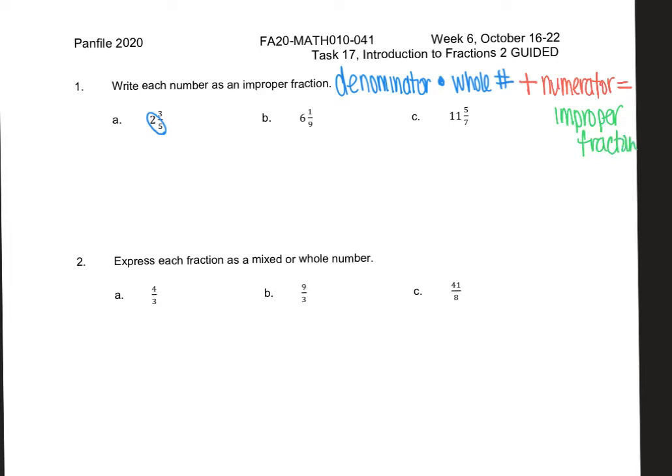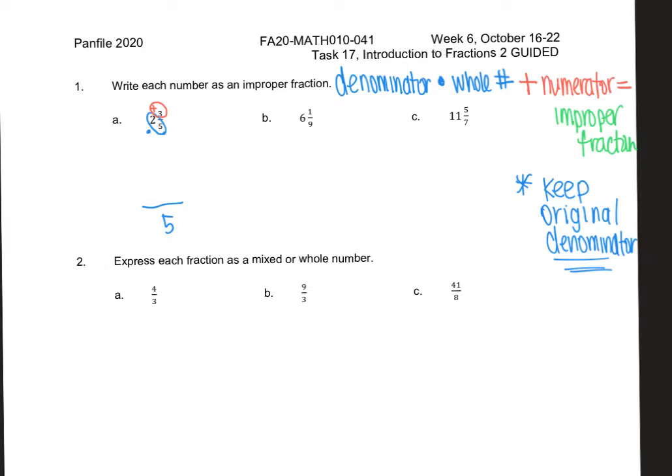Okay, so we take 2 times 5 and then plus 3. And you keep the denominator. So we're already going to write over 5 because we want to keep our original denominator.